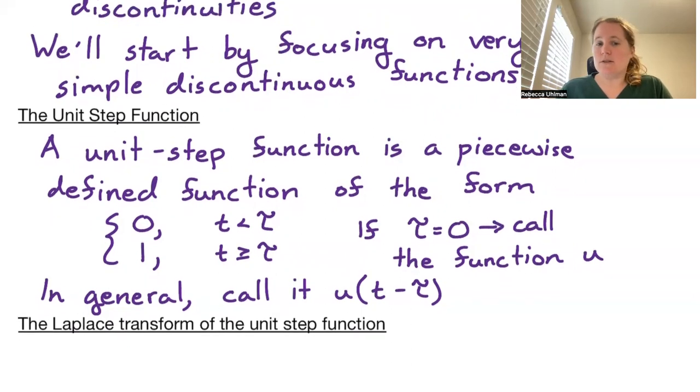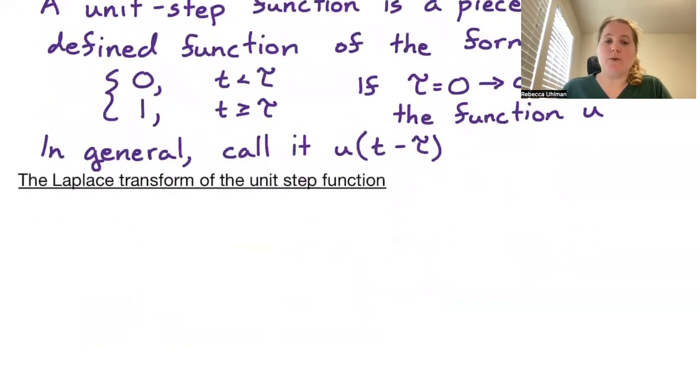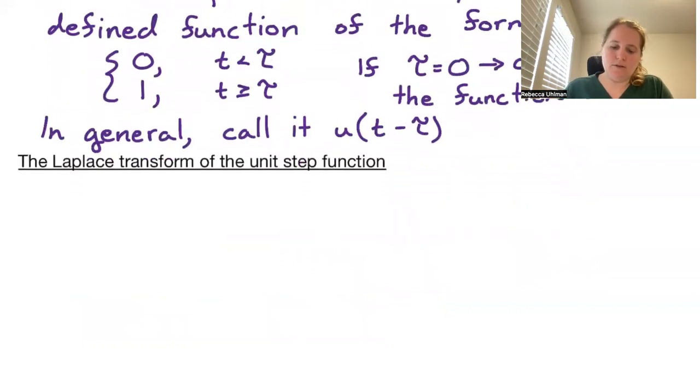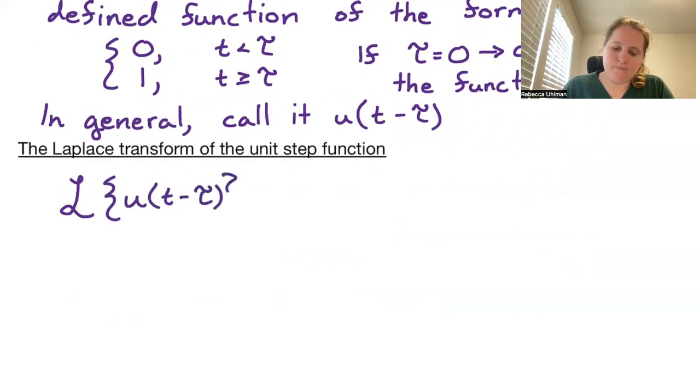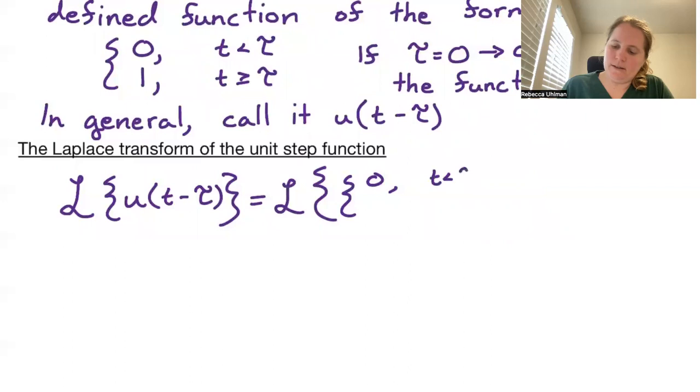So first, let's just consider the Laplace transform of the most basic unit step function. So if we want to take the Laplace transform of u of t minus tau, then we're taking the Laplace transform of the piecewise defined function, 0 for t less than tau, and 1 for t greater than or equal to tau.